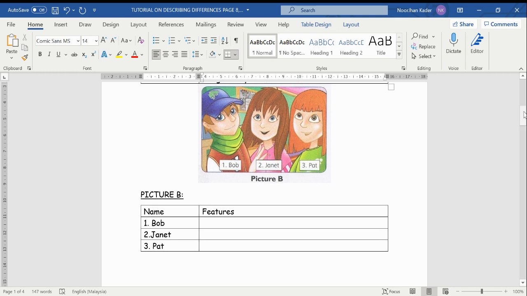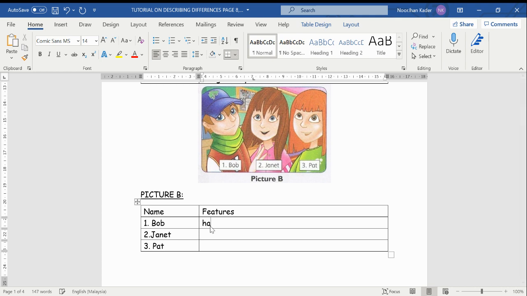Let's look at the second picture, picture B. It's the same people: number one Bob, number two Janet, and number three Pat. We will describe the features of Bob, Janet, and Pat in picture B. First, Bob. In this picture, Bob has got blue eyes.